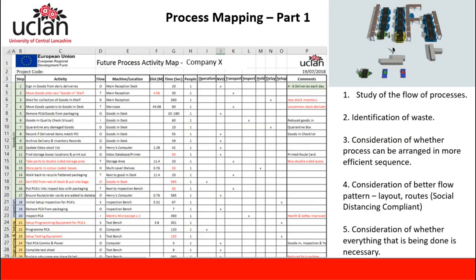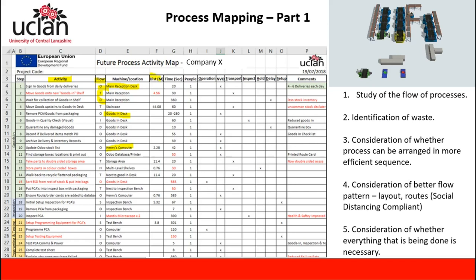So here you can see a much more detailed process activity map, which has the activities on the left, and then we state the flow in terms of whether it's operation, transport, delay, etc. We state the machine or the location where it happens, so goods in desk maybe, Henry's computer possibly, and we also indicate the distance in meters.